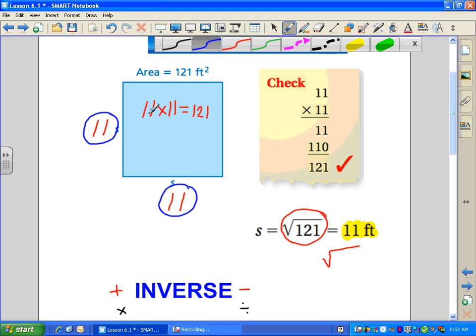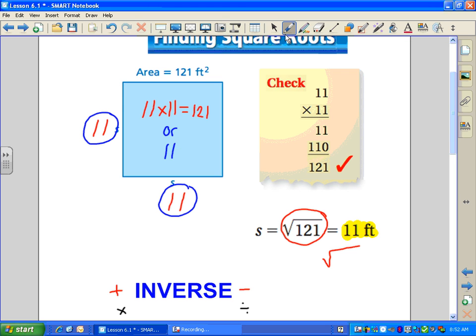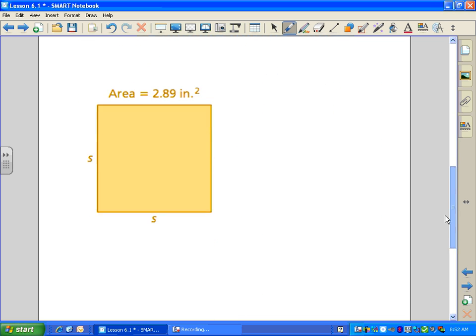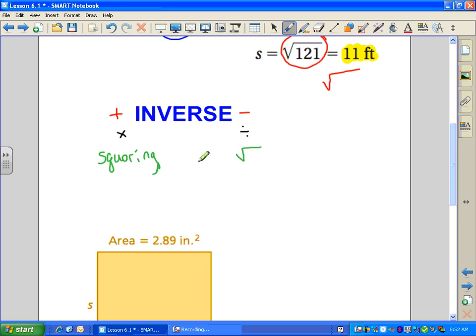Another way to write 11 times 11 is 11 squared. So what I'm trying to get you to realize, the inverse of squaring a number, or the exponent of 2, is square root.